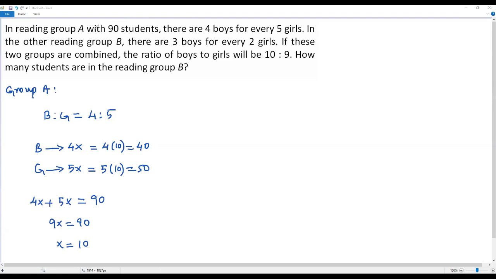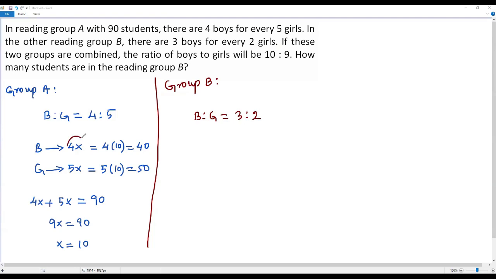Okay, now let me consider group B. In group B, the boys to girls ratio is 3 to 2. There are 3 boys for every 2 girls. To get the number of boys and number of girls from the terms of the ratio, I have to multiply both terms by the same non-zero number, say y.